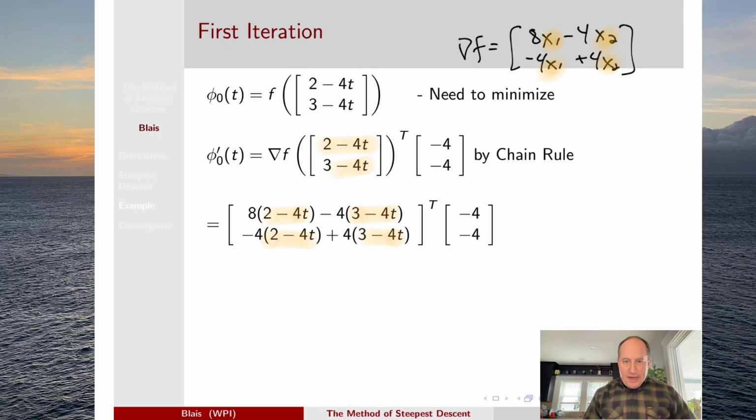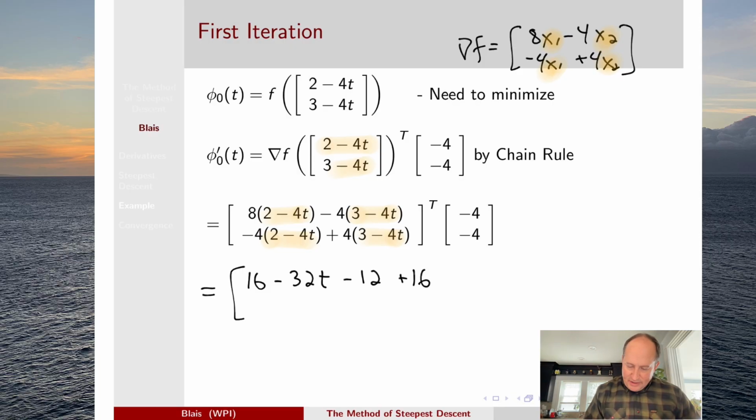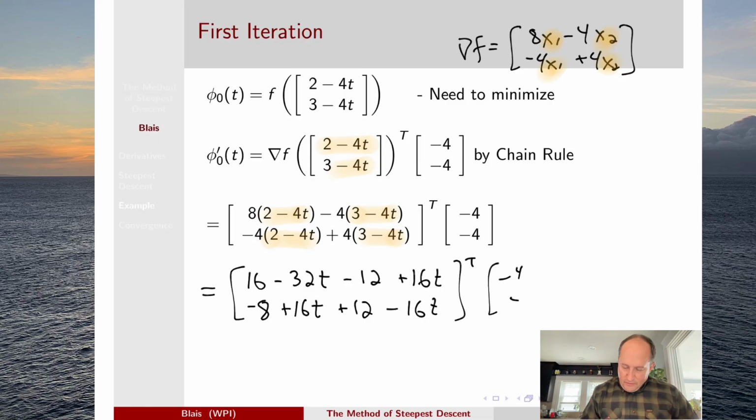When you work this out, first distribute that 8, right? 16 minus 32t. Now distribute the negative 4, minus 12 plus 16t. Okay, in the second term, distribute the negative 4, so negative 8 plus 16t. Now distribute the 4 in the second term, 12 minus 16t, dot product with (negative 4, 4).